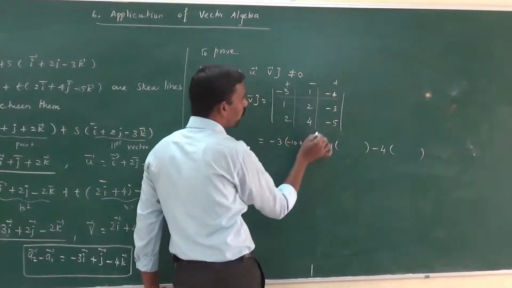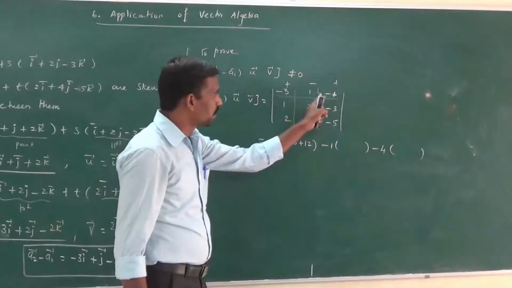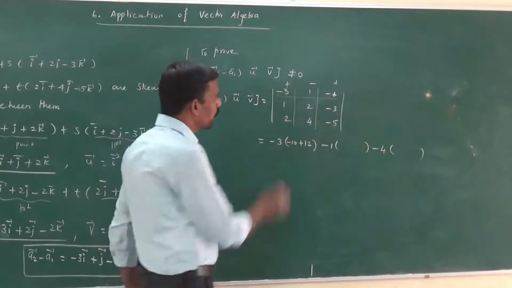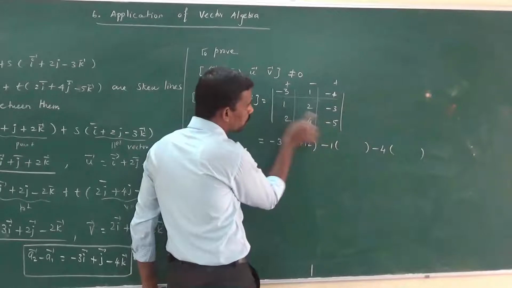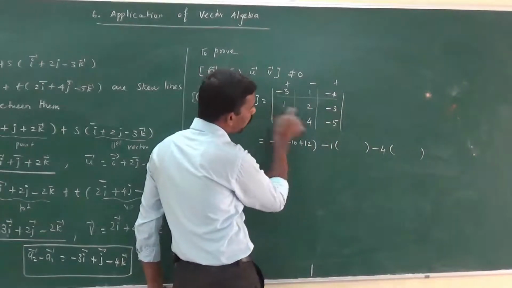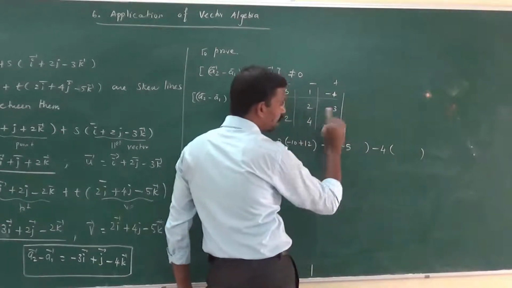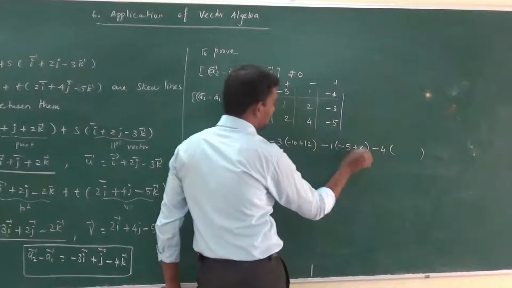Next, the minor of 1: omit the respective row and column, 1 into minus 5 minus 2 into minus 3, which is minus 5 plus 6; change the symbol to plus 6.